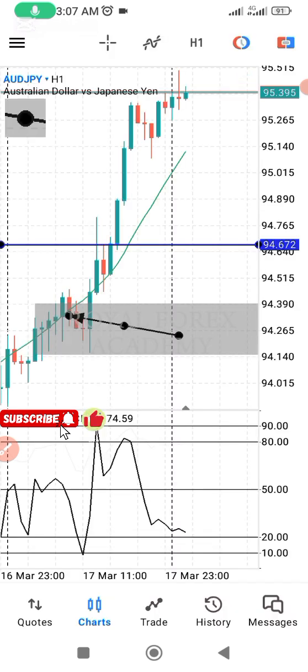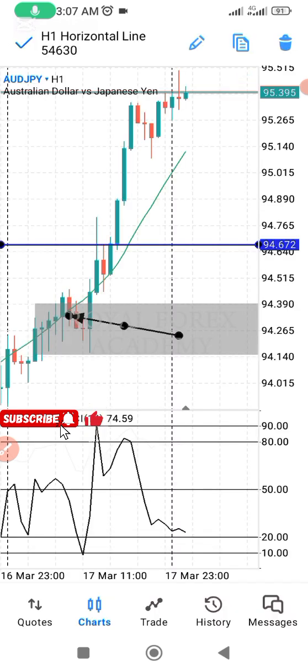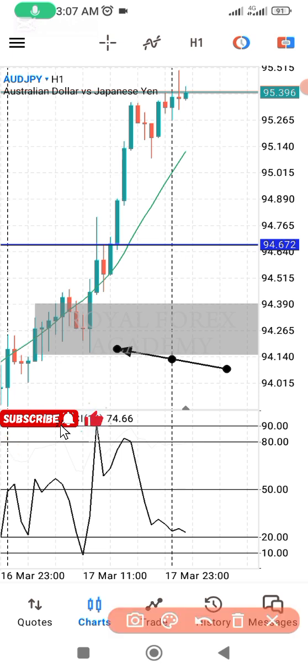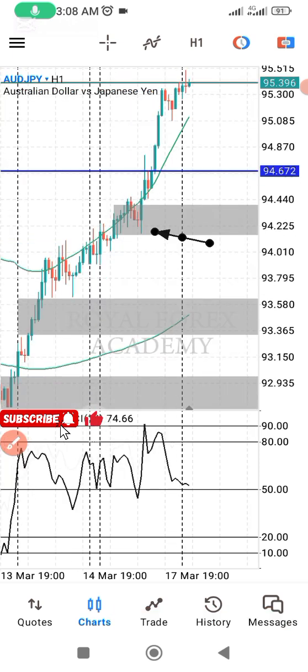So here automatically becomes your entry point for this particular price scenario, and your stop loss is going to be here, and you can see how this plays out beautifully. So this is exactly how you can find your entry in a price scenario such as this.